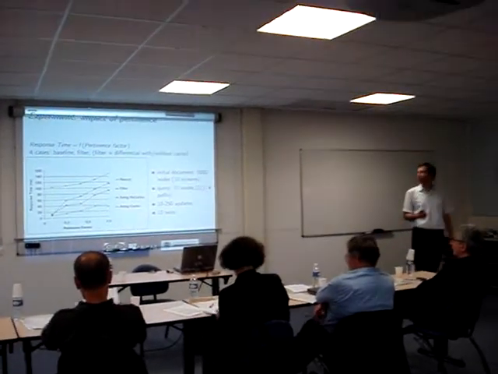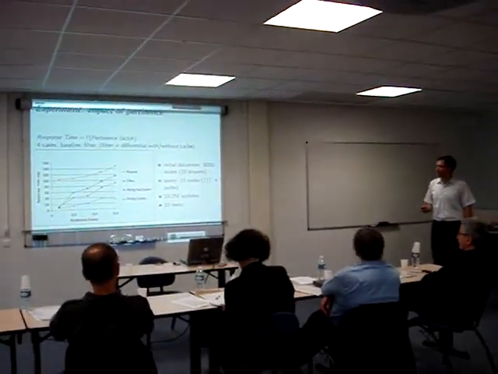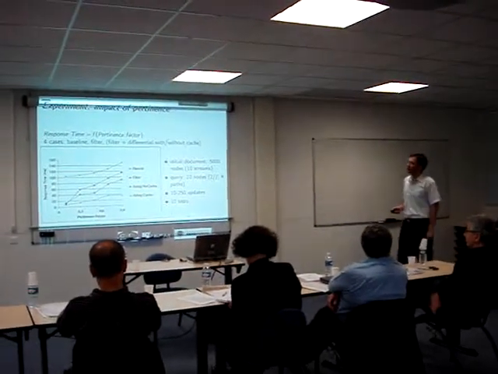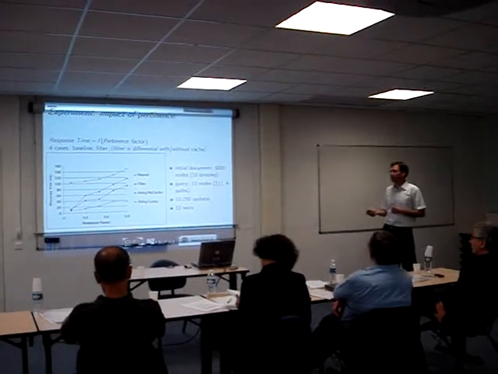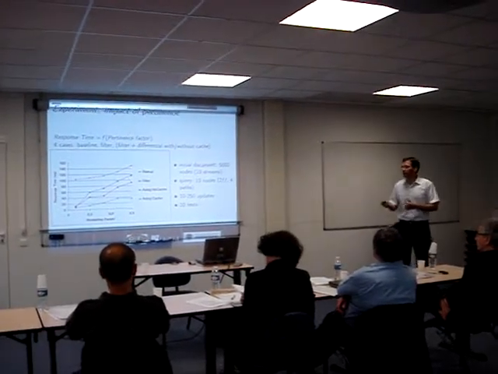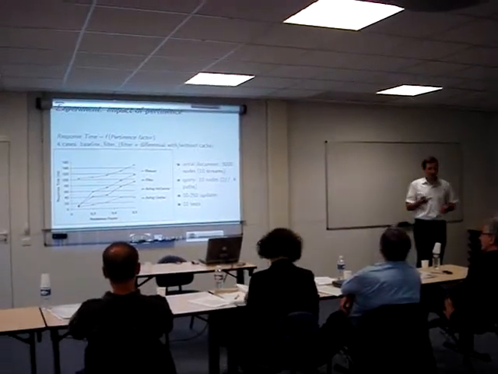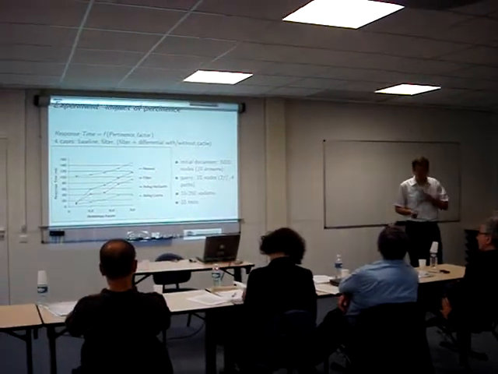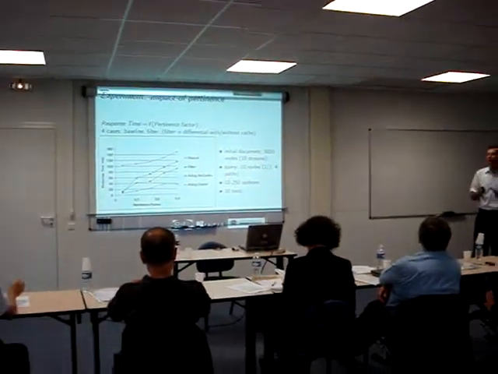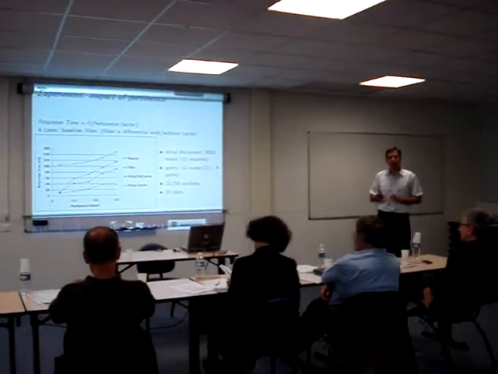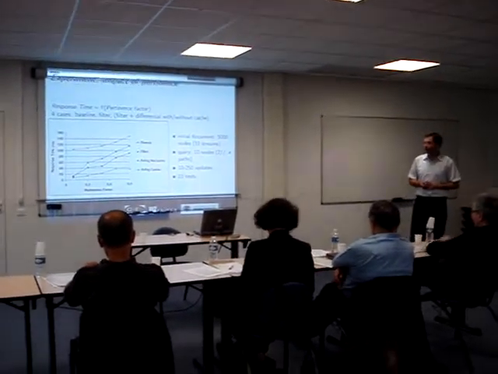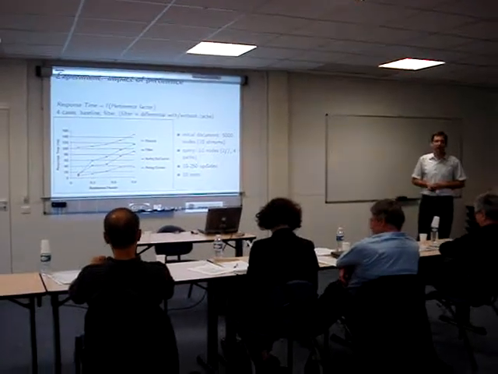Now, the second experiment measured the performances when the pertinence of the updates for the view is varied. So we have started with the intuition that when we have low pertinent updates, our methods should be very efficient, and this is because of the filtering mainly.